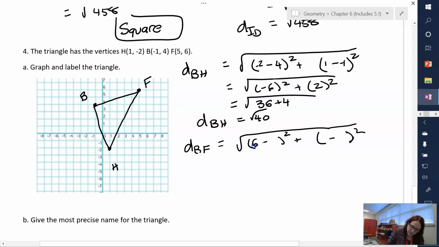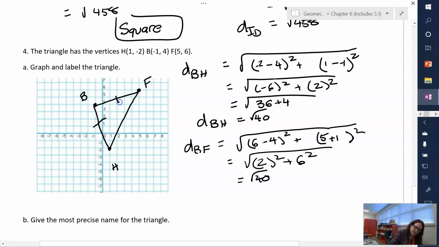So 6 minus 4, I did the y's, now I'm going to do the x's. 5 minus negative 1, which is a 5 plus 1. So I get the square root of 2 squared plus 6 squared. It's the same thing, so I get the square root of 40. So right now, I know that BH and BF are congruent with each other. So at the very least, I have an isosceles triangle.